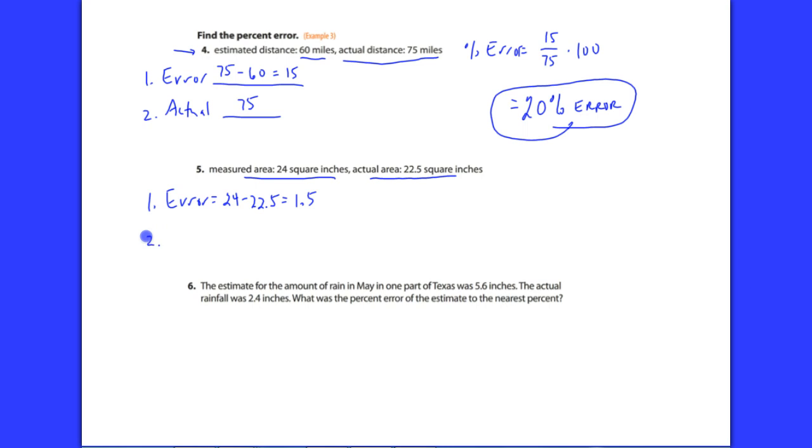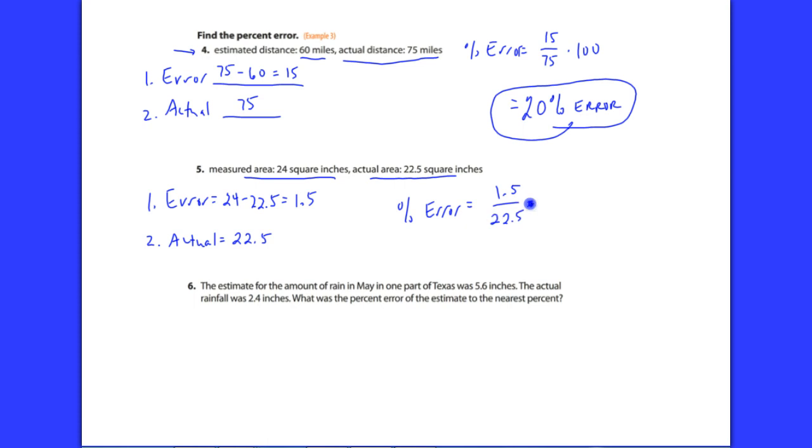And then you want to know what was the actual. And the actual was 22.5, right? It tells you right there in the question the actual is 22.5. So your percent of error would be the amount of your error, which was 1.5, divided by the actual amount, which was 22.5.